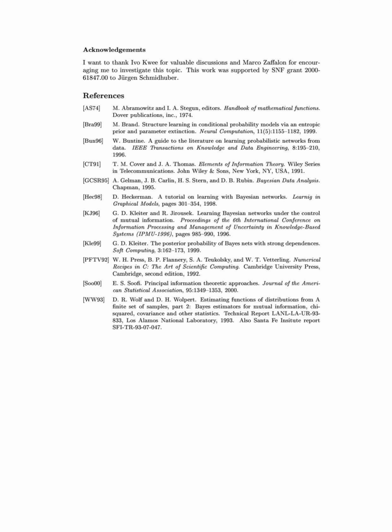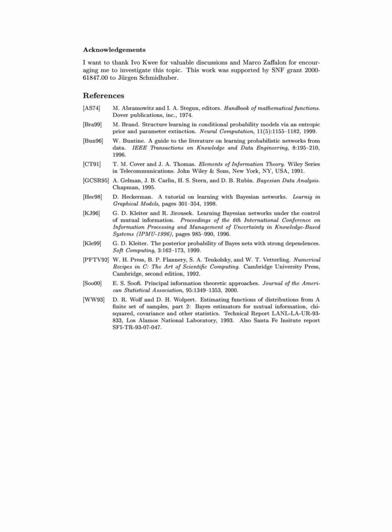T. M. Cover and J. A. Thomas, Elements of Information Theory. Wiley Series in Telecommunications, John Wiley & Sons, New York, NY, USA, 1991. A. Gelman, J. B. Carlin, H. S. Stern, and D. B. Rubin, Bayesian Data Analysis. Chapman, 1995. D. Heckerman, A Tutorial on Learning with Bayesian Networks. Learning in Graphical Models, pages 301 to 354, 1998. G. D. Kleiter and R. Jirousek, Learning Bayesian Networks Under the Control of Mutual Information.